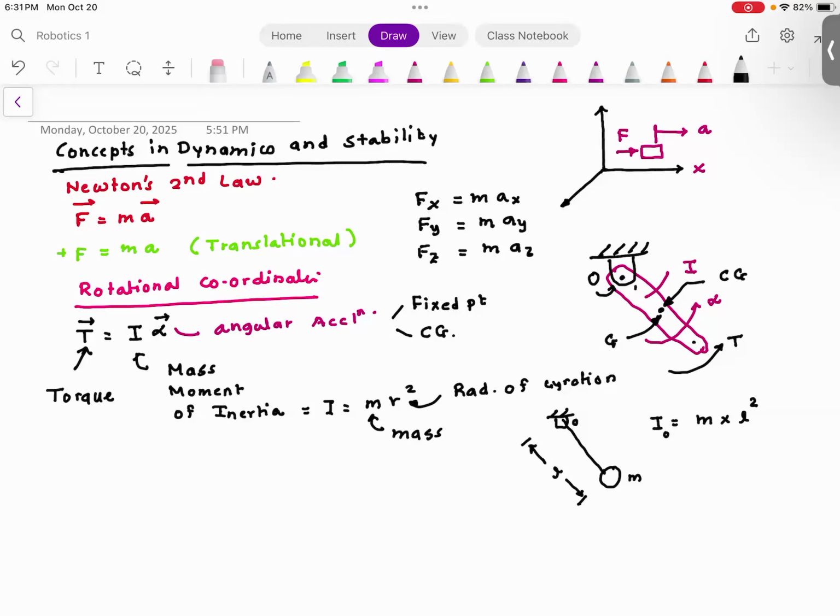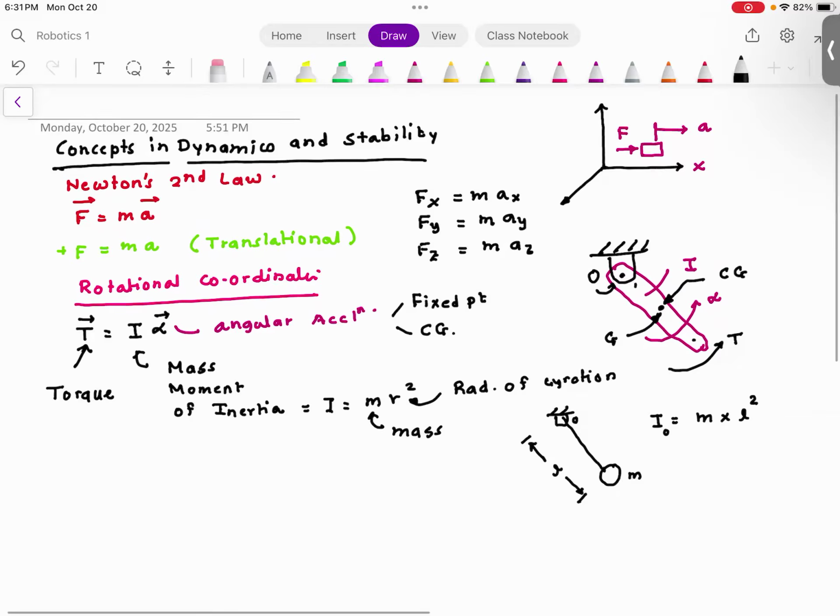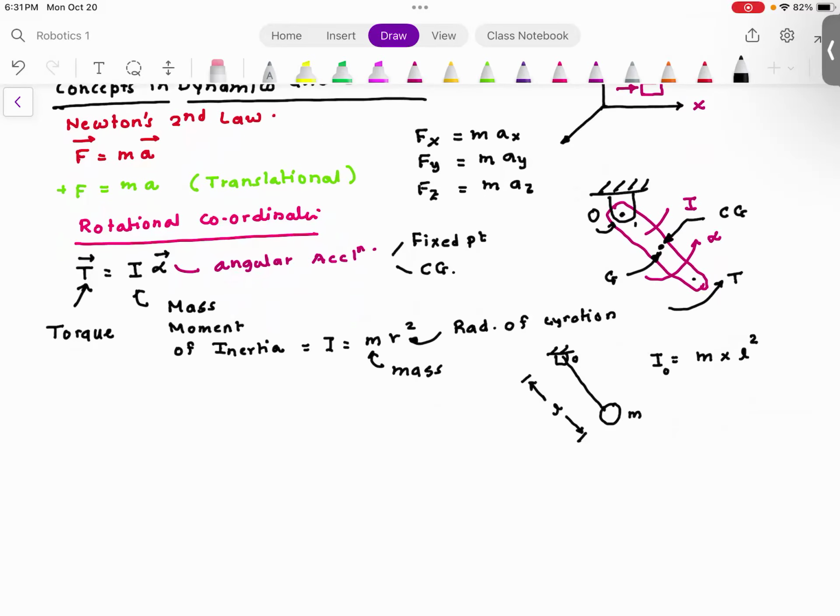So many times you would see the motors or heavy objects located at the base so that the mass moment of inertia is minimized. Everyone understood this? That is what we have seen in DuBot.